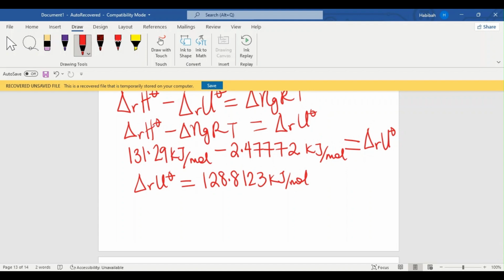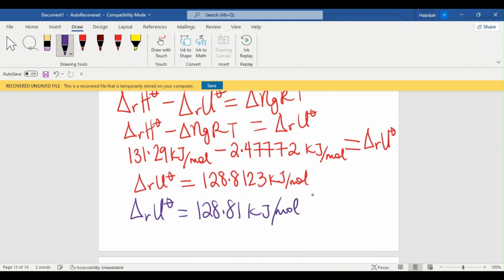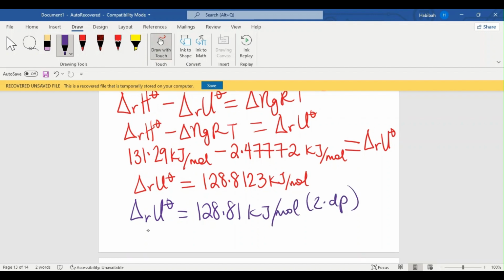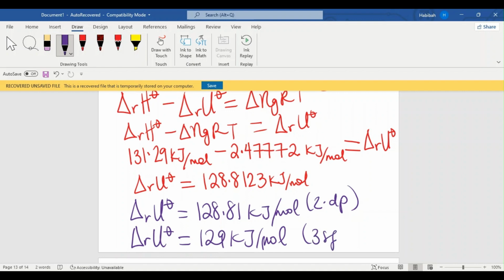I can do both. So in terms of two decimal places, we would end up with 128.81 kilojoule per mole. And if we're to do this in three sig figs, we're going to have change in internal energy of reaction to be 129 kilojoule per mole. So this is in three significant figures.